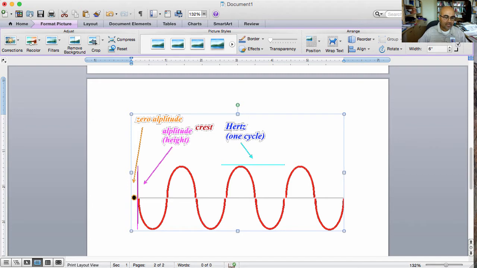The amplitude is the height of the sound wave, and it relates to the sound volume. As you can see over here, this line is the amplitude, or the height. If I draw a line from here all the way down to this line right here, that is going to be my amplitude, okay? And that would determine my volume. So the higher the amplitude, the louder the volume is.